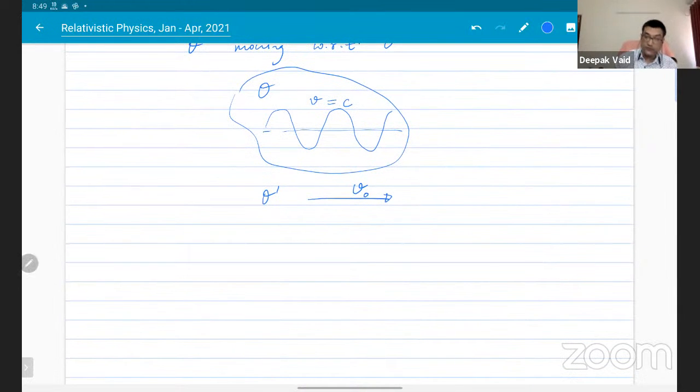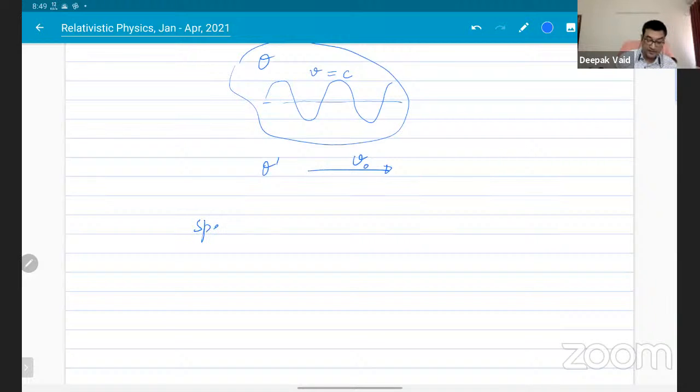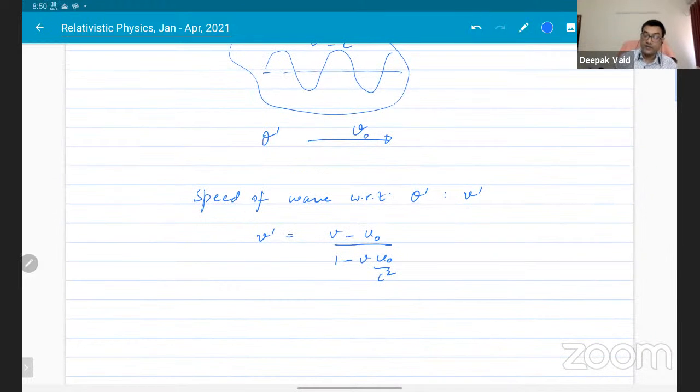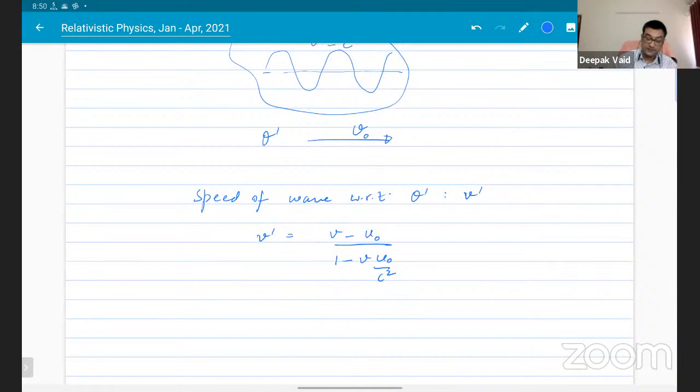So what should be the speed of the wave as seen by O prime? Now we already have the benefit of knowing special relativity, so we can say that the speed of the wave with respect to O prime, let me call it V prime, will be V minus u naught over 1 minus V u naught by c square. We have the benefit of hindsight. We know that the velocities have to add in this way. And what does this become?